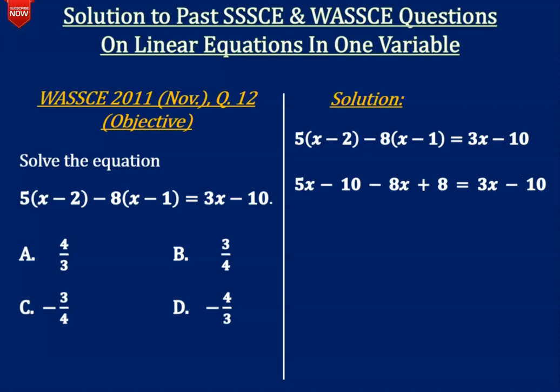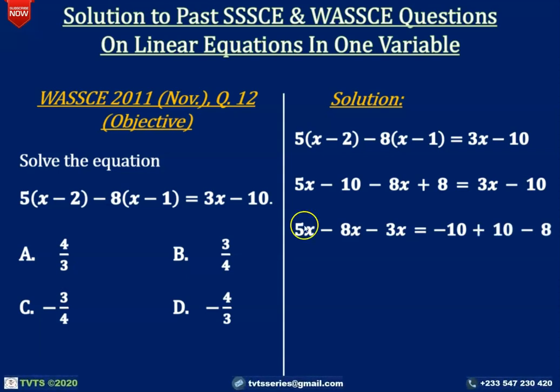So we have 5x minus 8x minus 3x on the left hand side, and on the right hand side we have negative 10 plus 10 minus 8. 5x minus 8x minus 3x is negative 6x, and negative 10 plus 10 minus 8 is negative 8.